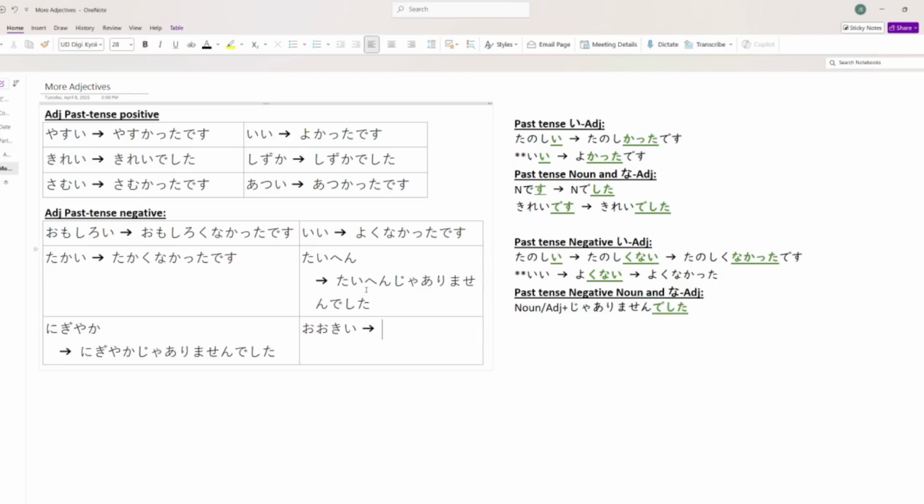はい、最後、大きい。Okay. This is an E. Okay. Okikunakatta desu. そうですね。大きくなかったです。Yeah, even to this day, I don't know what it is with the kiku.